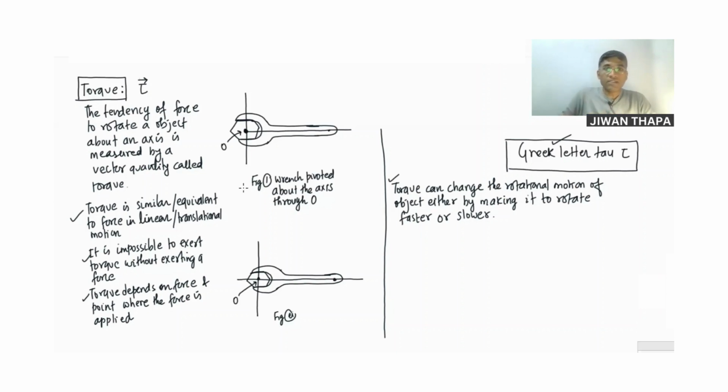Now, let us consider a rod which is pivoted about an axis passing through O, and we can take O as the origin. So let the force F be acting from this point, and we know torque depends on force and the point where the force is applied.